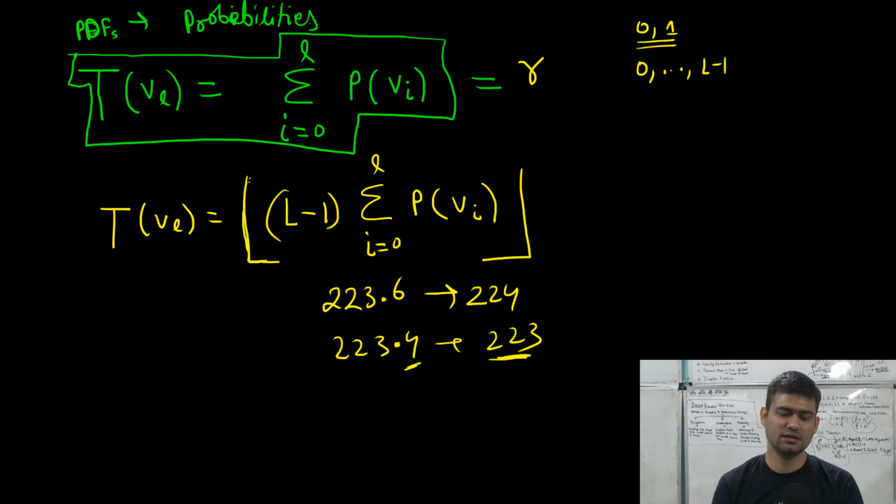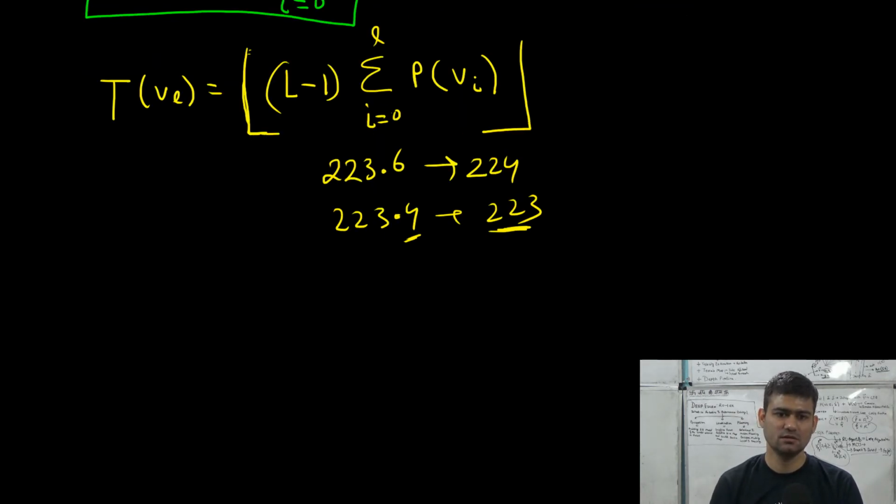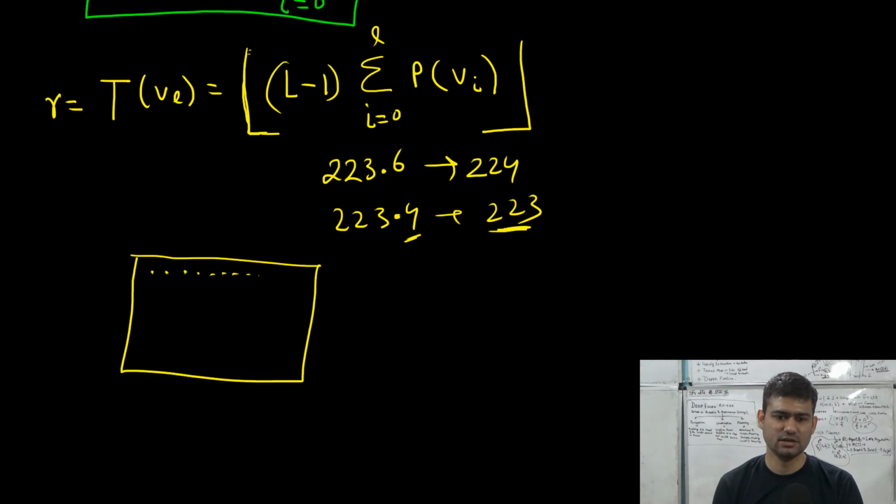And note that since we are using a discrete case, the resulting intensity value R is computed as follows. Assume that we have an image, and each of the entries in the image is going to be some pixel value. The way the histogram equalization algorithm works is this.